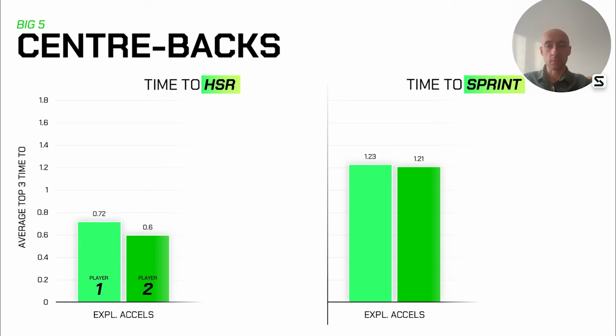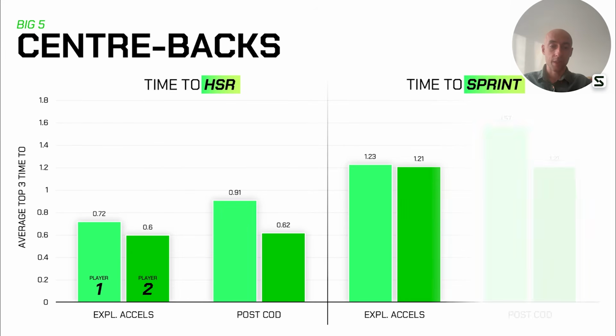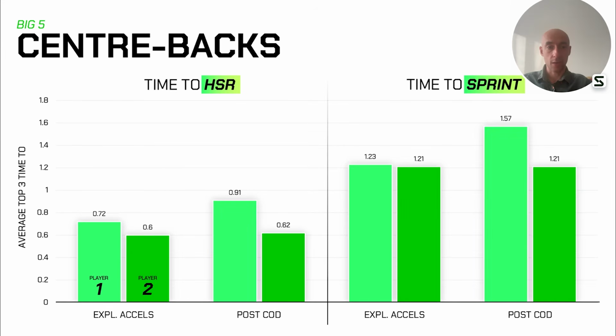But when we bring in the post change of direction element, we see how it differs. So player 2 is much more able to be quick after a change of direction. And imagine how important this is for example for a team who wants to play on a high line or that goes man to man all over the pitch.